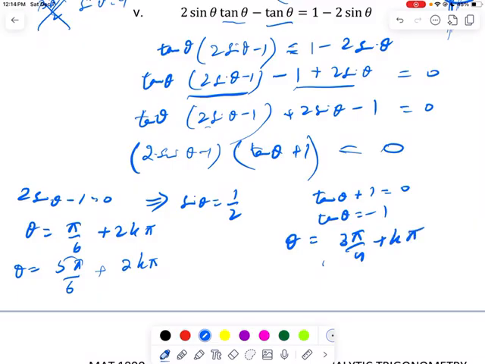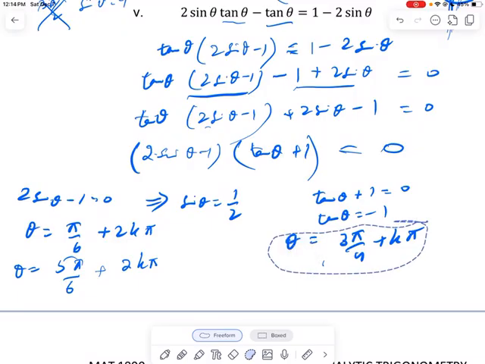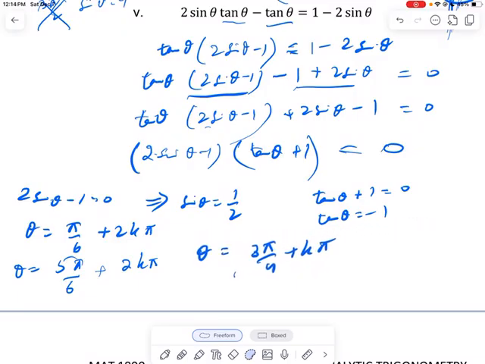So these three values make up our solution. Let me move this a little closer so that I can box them. Okay, so this is our solution.